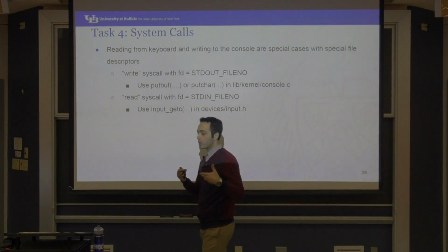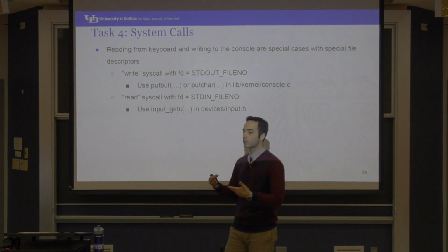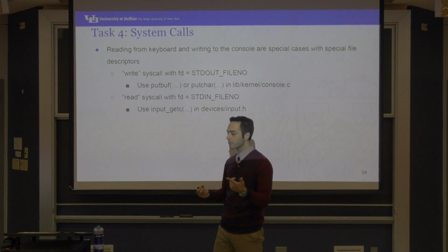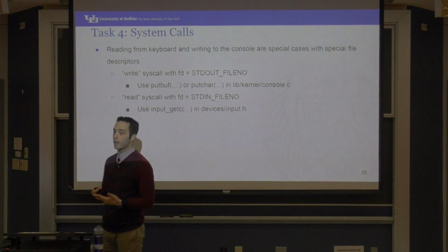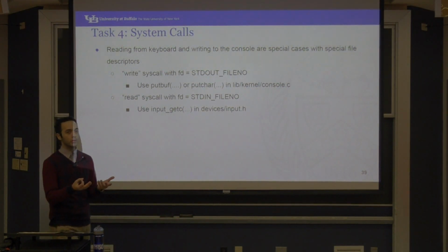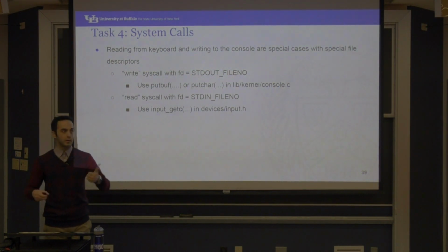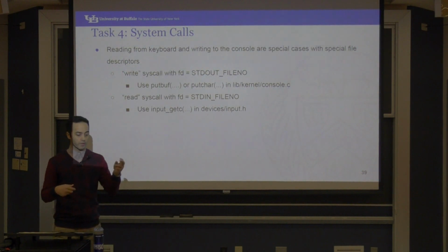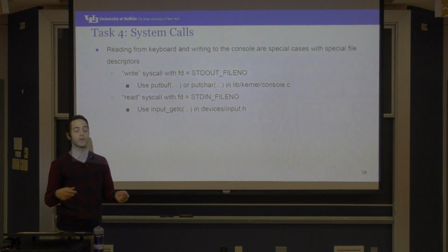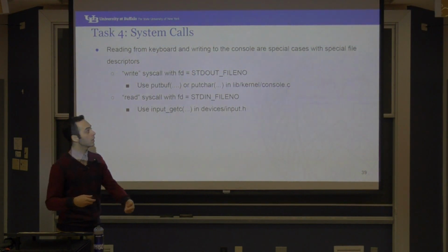If the user program wants to print something on the screen, it tells the operating system that it wants to write to file number 1. When the operating system receives that system call, it does not check any mapping, because this is a fixed number. So if you want to write to file number 1, okay, I know what you want to do. You want to write something to the console.